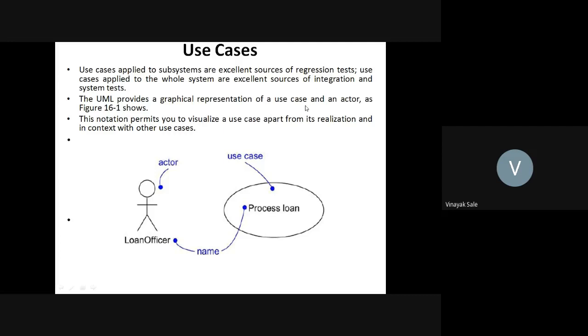As shown in the figure, UML provides a graphical representation of use case and actor. This notation permits you to visualize a use case apart from its realization and in the context of other use cases. A use case is denoted by an elliptical shape, whereas an actor is denoted by a human-like structure, whether it acts as a human or an automated system.